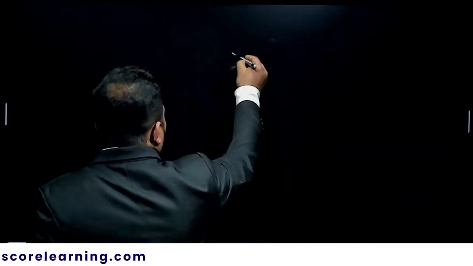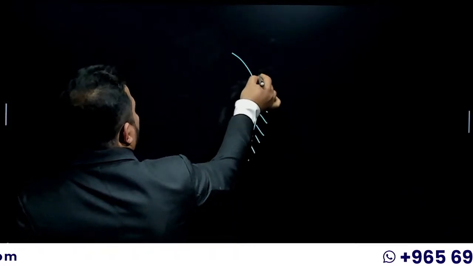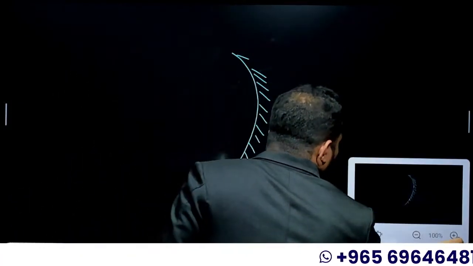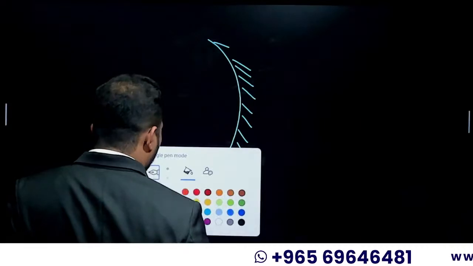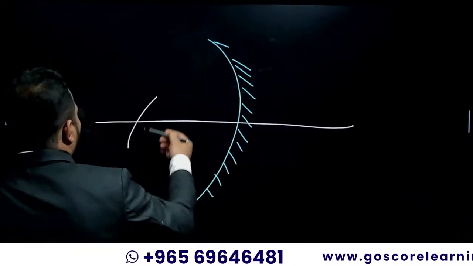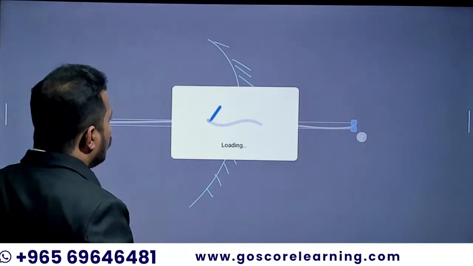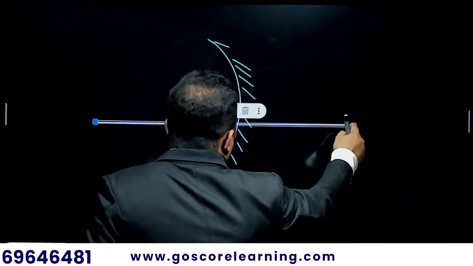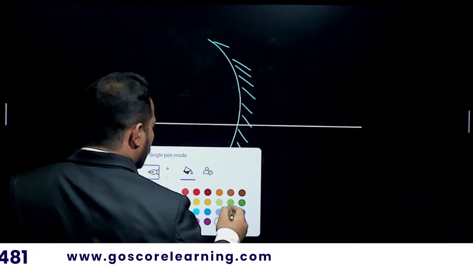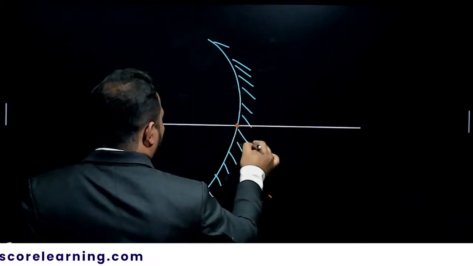So if you mark the concave mirror like this, next you are going to draw the principal axis. If you draw the principal axis, this one will be your pole.